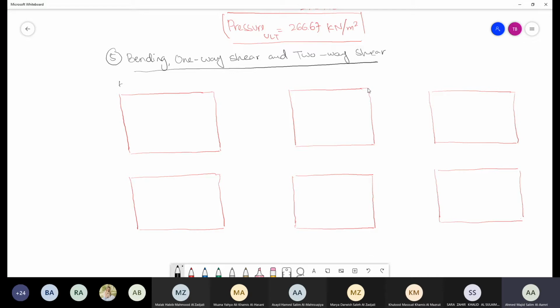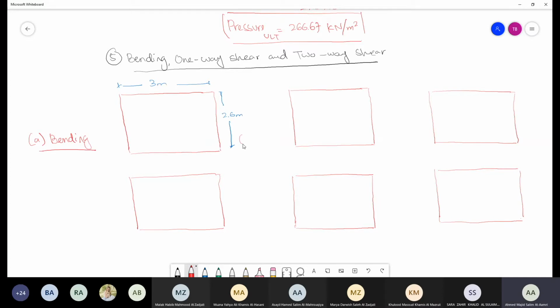Well, let me use another color. This is going to be my 3 meters, and this is going to be my 2.6 meter. The first two, I'm going to use them for bending.